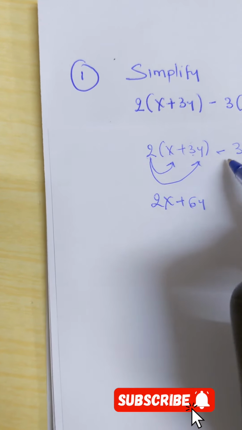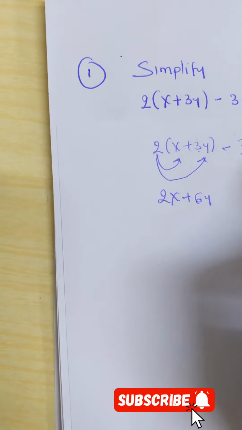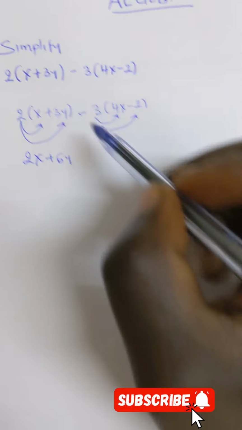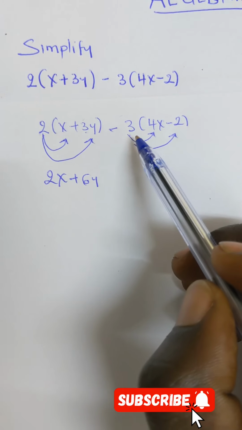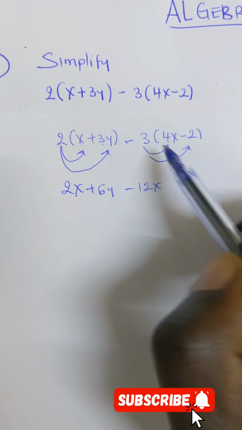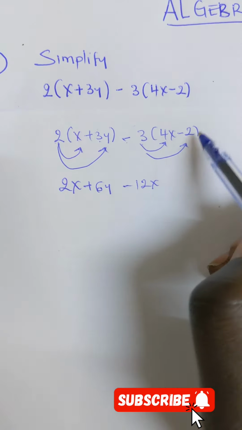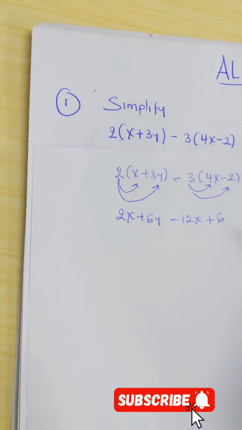And then this minus 3 is going to multiply here and here again. Minus 3 times 4x is equal to minus 12x. And then minus 3 times minus 2 gives positive 6.